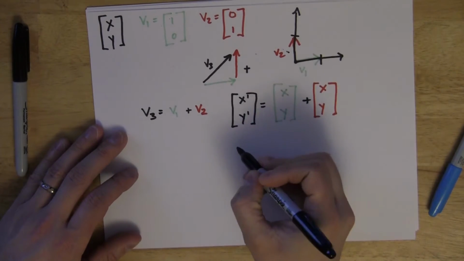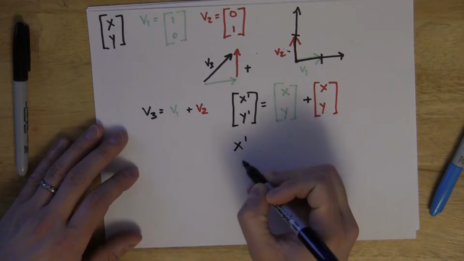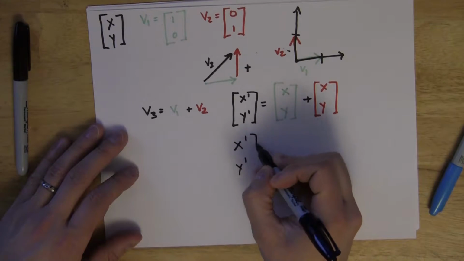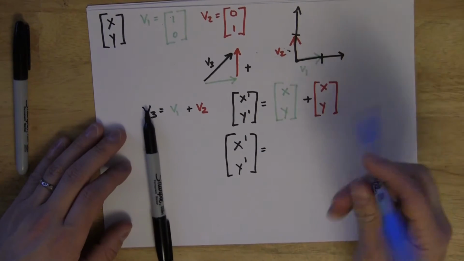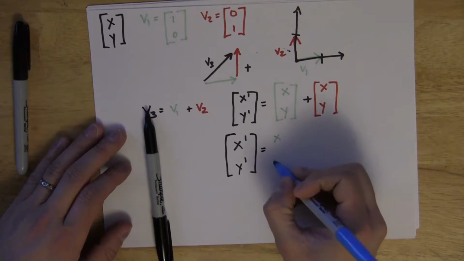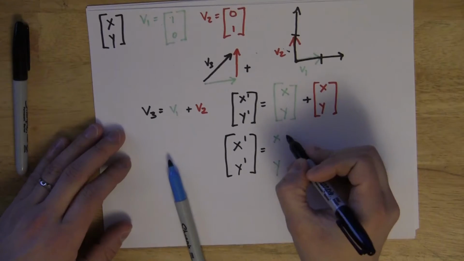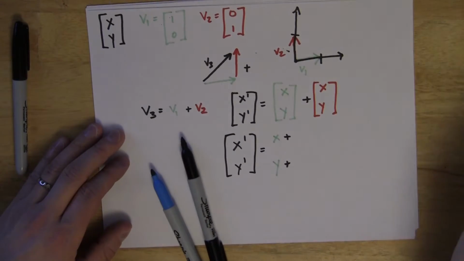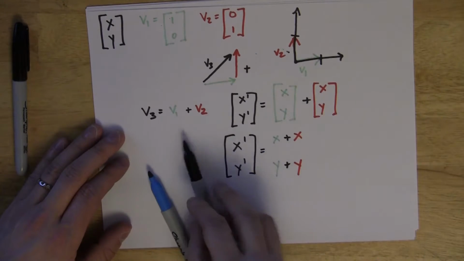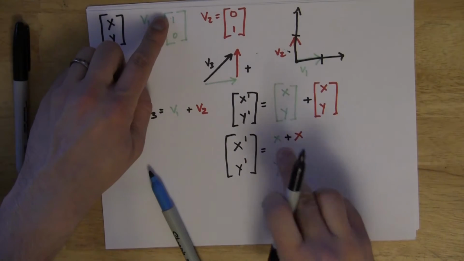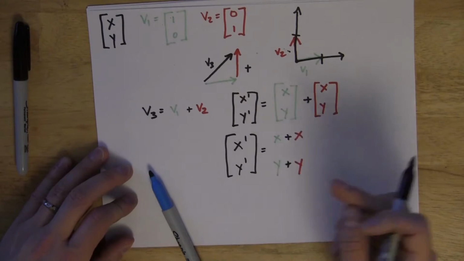So the end is going to be x1 and y1, simply going to be equal to the value of x, value of y, plus this x and this y. So what we end up with is we take these terms and place them in here. So the x here is 1.